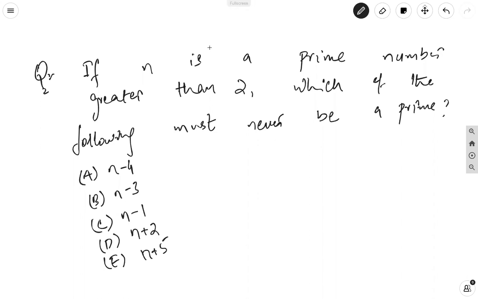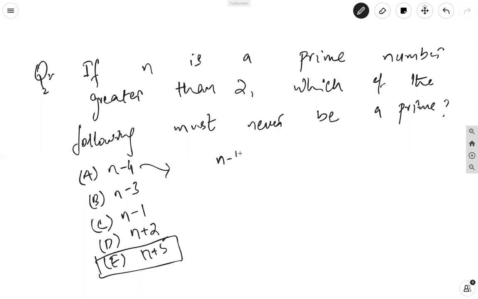There is only one answer. Now, what will be the answer? E. Option E. So the actual answer is E, right? Now let's see how I will proceed with this question.